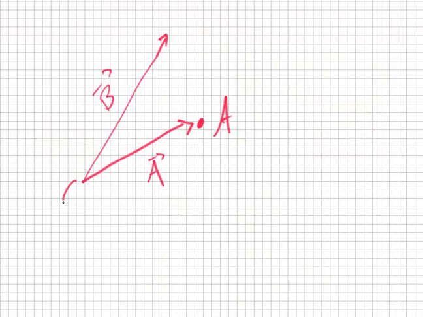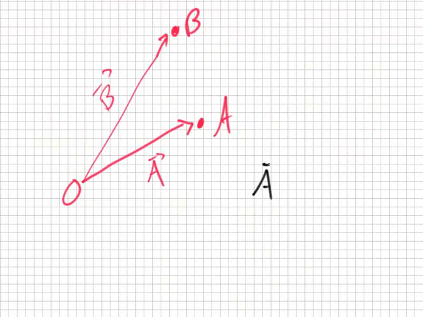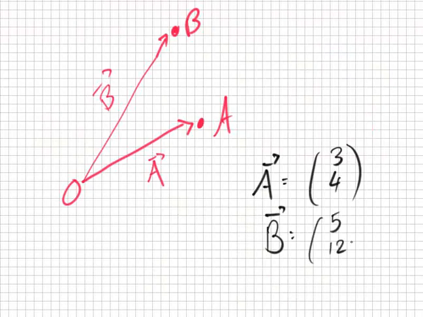Okay, so let's have an example here. Vector A, as an example, is 3i plus 4j, and vector B, as an example, is 5i and 12j.